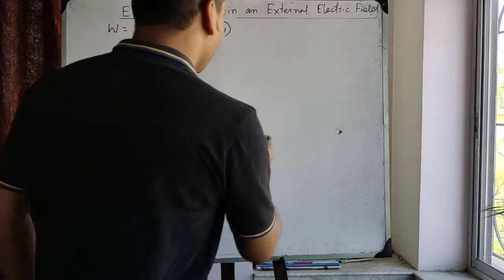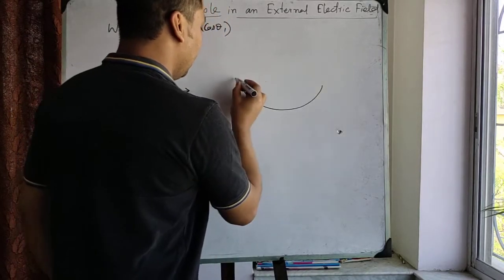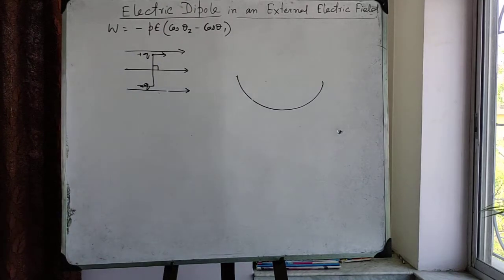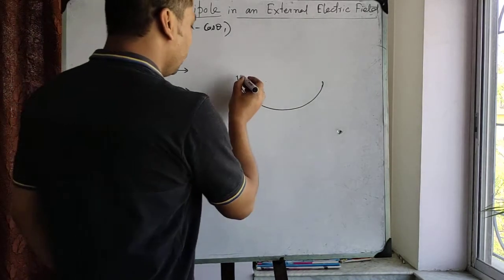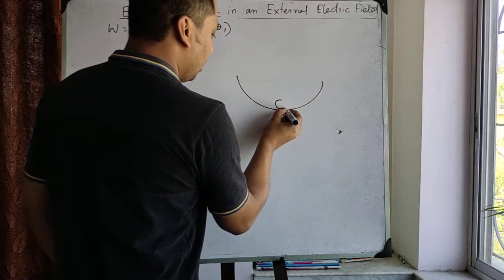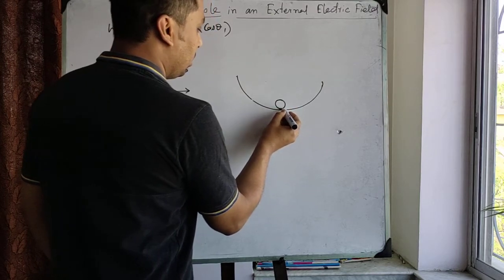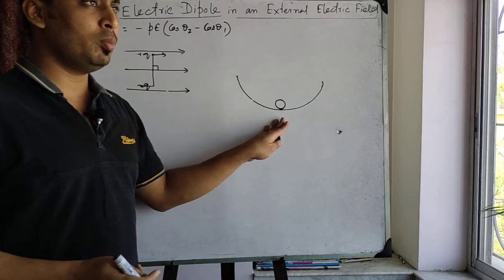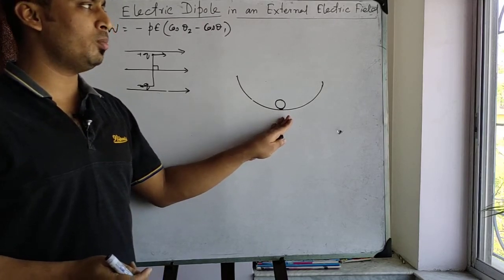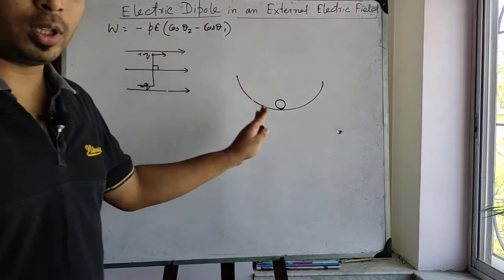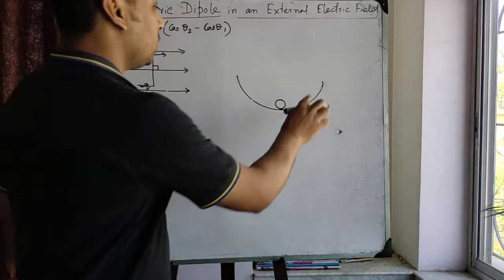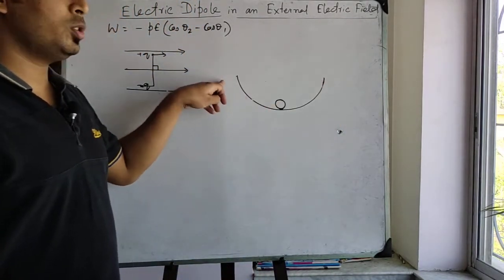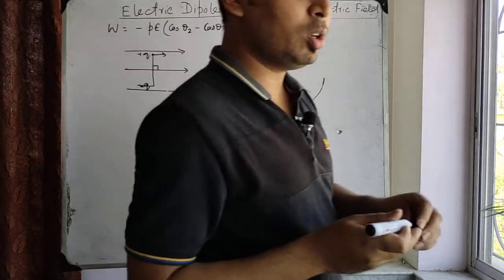For example, suppose we have a container in the shape of U, and we have a ball at the bottom. This is the equilibrium position for the ball in such a container, and all the other positions are unstable.